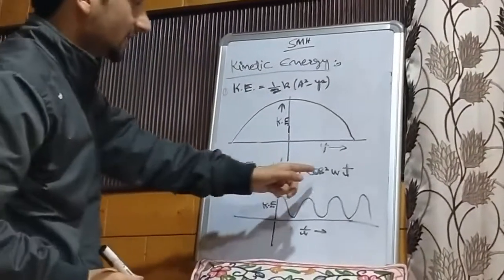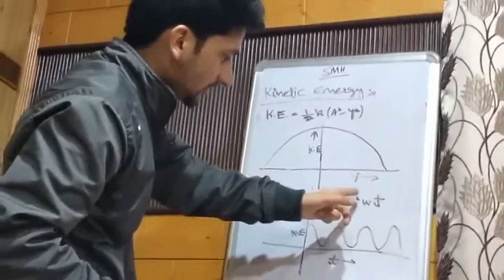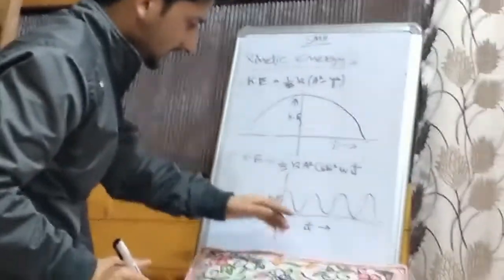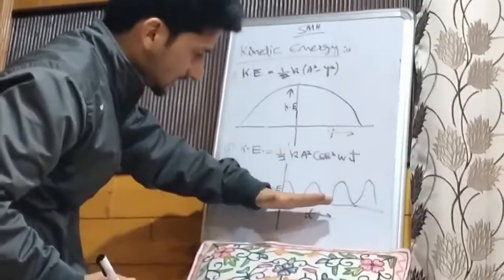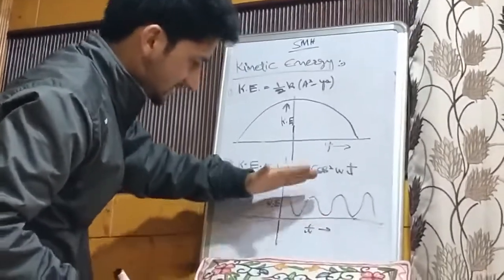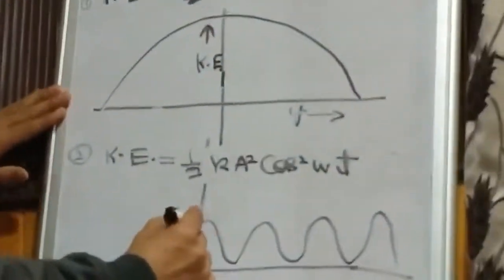Because here cos is raised to the power 2, we have to take the positive side of the graph, so that's why the graph comes out to be like this.